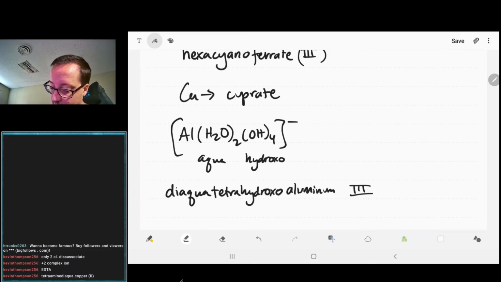But since it is a negative one, we will change it to aluminate instead of aluminum, just changing the ending there to -ate. And we'll end up with our name for this complex. Aren't these fun?